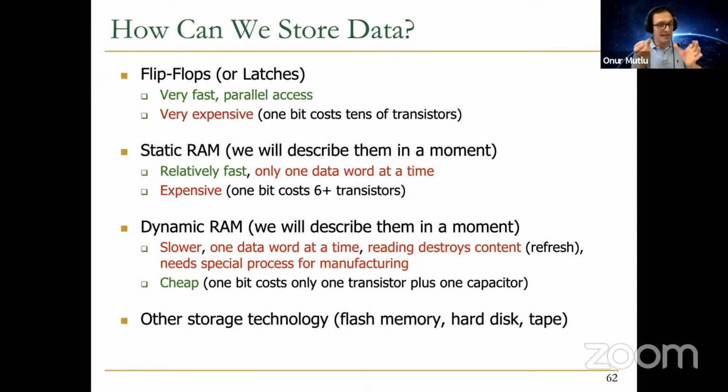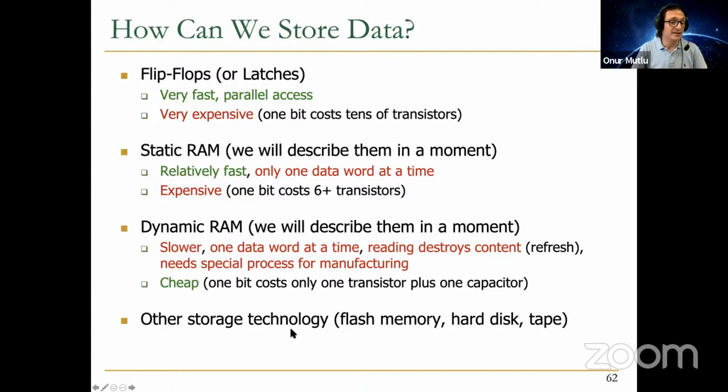If you want to pack many, many capacitors in a chip, you need to actually have a different manufacturing process. As a result, we have separate chips for dynamic RAM, and as a result, we have a processor chip and a main memory chip. And the reason dynamic RAM can be main memory is because it's cheap, basically. It's much cheaper than this expensive static RAM. You can also make your static RAM main memory, but it turns out it's very expensive, as you can see.